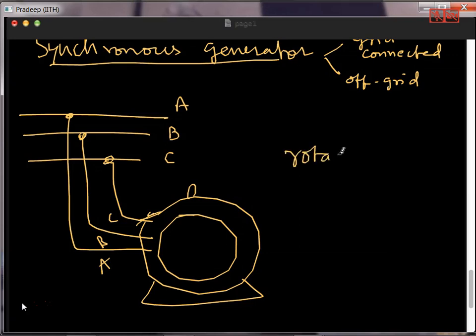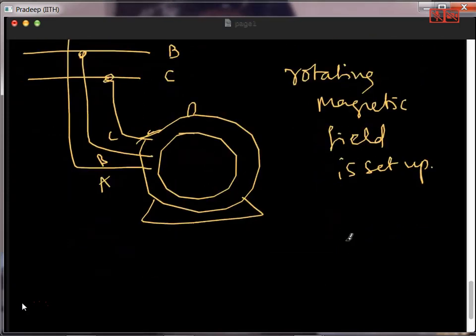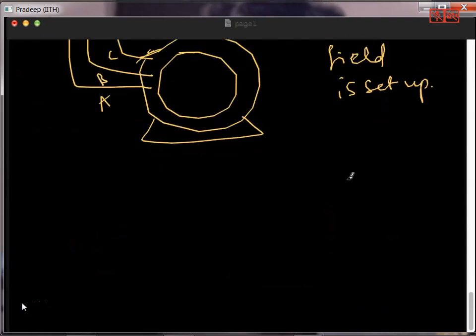A rotating magnetic field is set up in the synchronous generator. So even the synchronous generator, when you connect to the grid, it will be like this. Now, what happens to the rotor? The rotor is exactly the same thing.